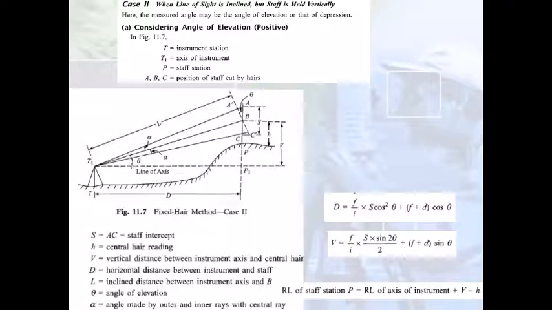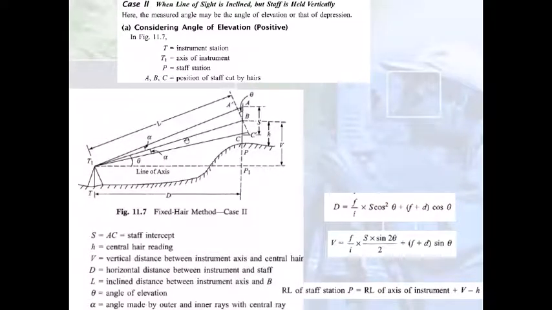And that angle of elevation is given by theta, and that theta is actually the angle between the horizontal line of sight. So when your telescope is at 90 degrees and whatever the value is above to it. So that is the angle of elevation. So in this case, the line of sight is inclined, but the staff is held vertically.